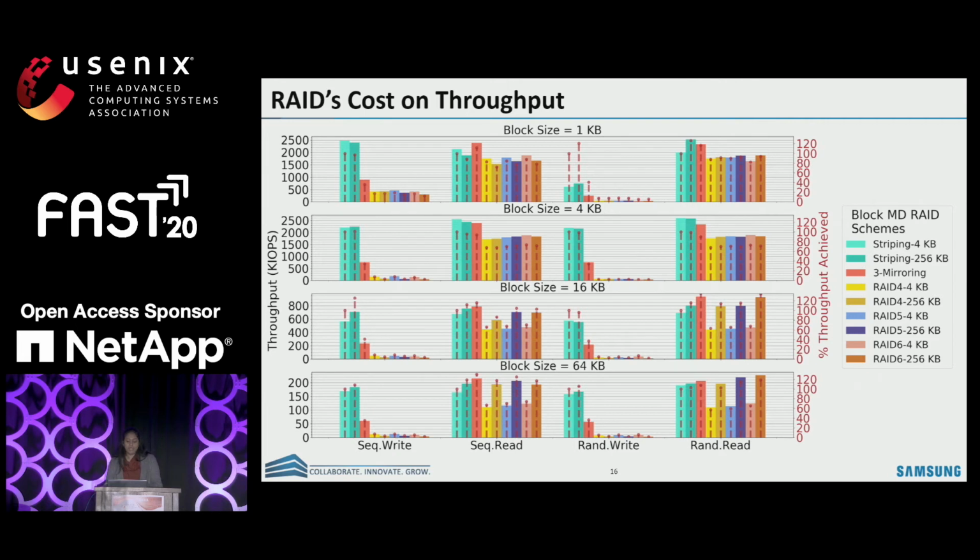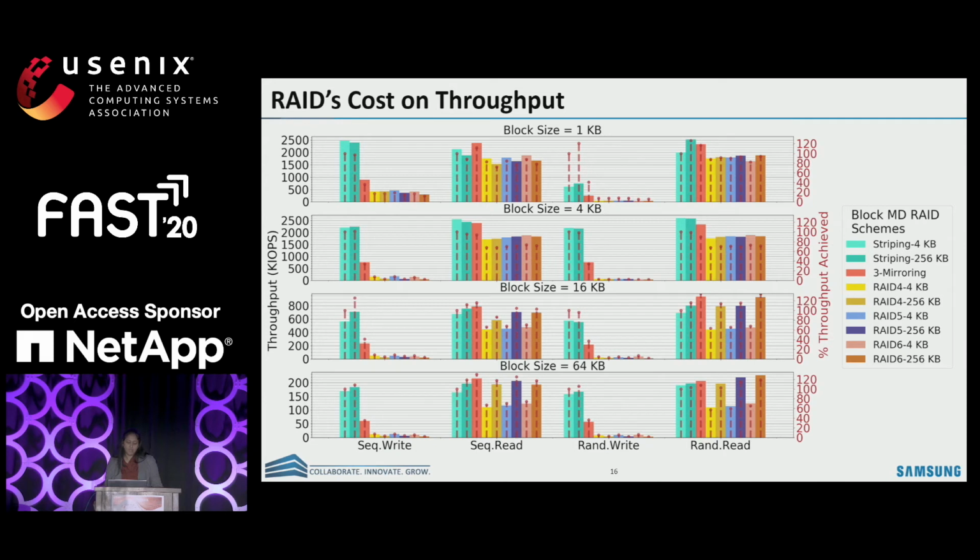And all of these we have done with block sizes 1K, 4K, 16K, and 64K for different RAID configurations with 4K stripe size, chunk size, and 256 KB chunk size. And you can see from the figures that the writes, sequential write, random write, all the writes are really terrible, because of the read and write amplification that's going on, and probably due to implementation problems in current Linux RAID.